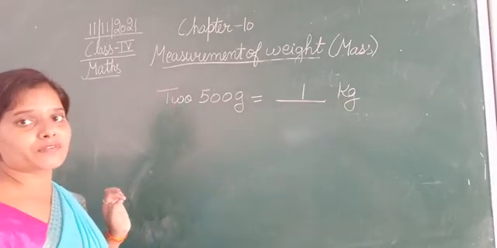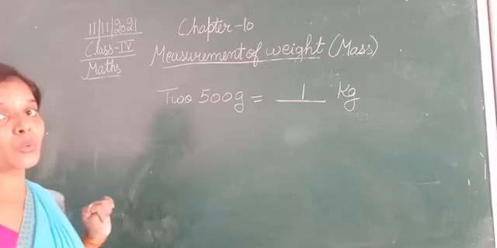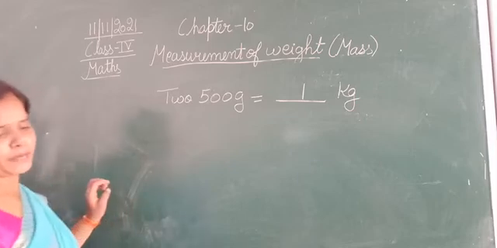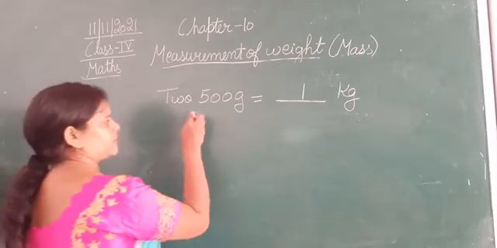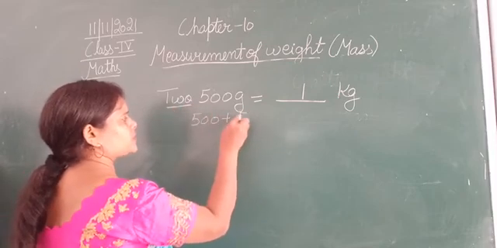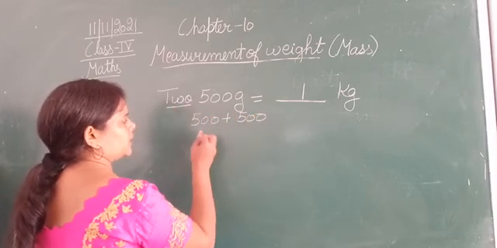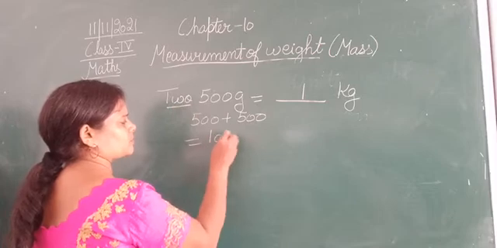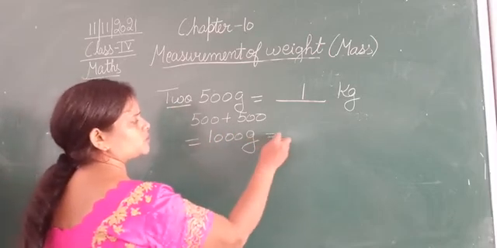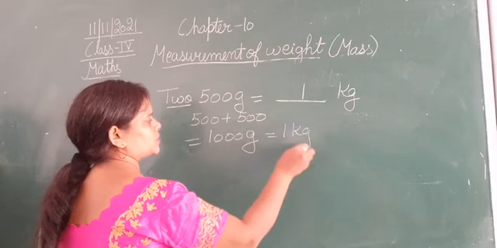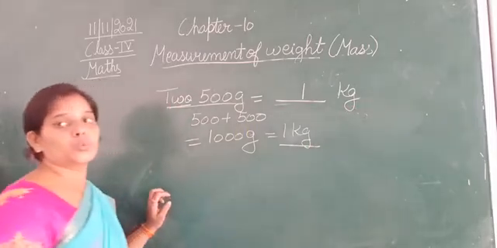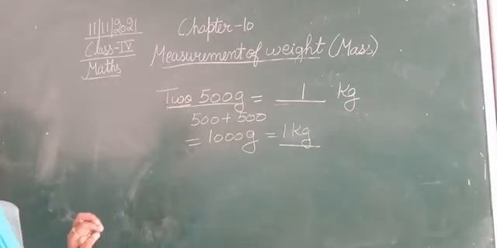Because 2 units of 500 is 500 plus 500, this is 1000 grams, right? And 1000 gram is equal to 1 kg. So that means 2 units of 500 grams is equal to 1 kg, right?